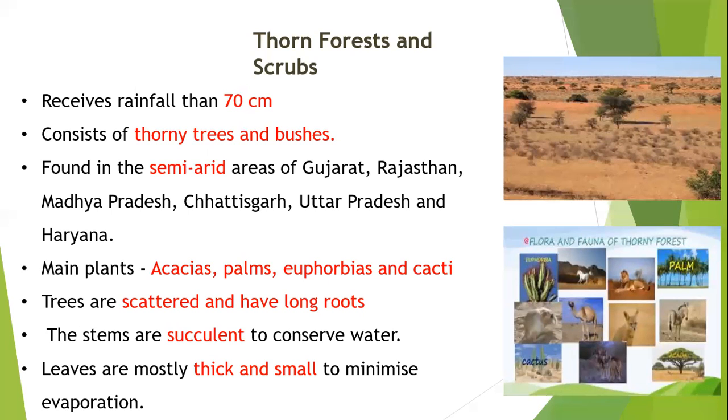Main plants are acacias, palms, euphorbias, and cacti. Trees are scattered and have long roots. The stems are succulent to conserve water, and leaves are mostly thick and small to minimize evaporation.